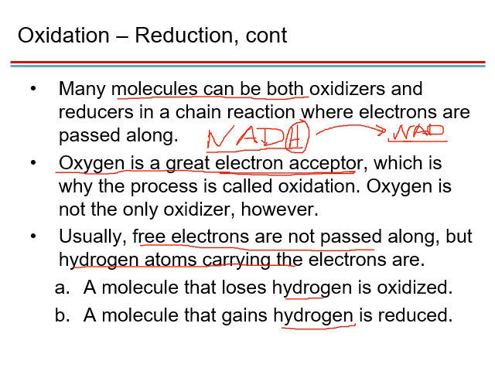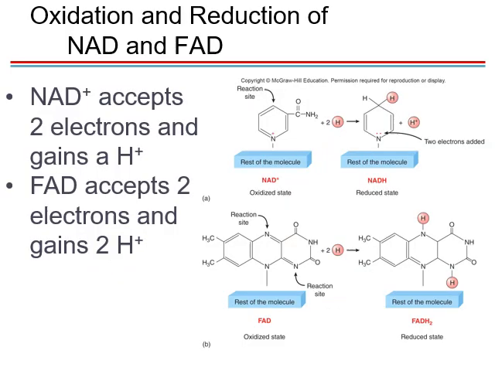A molecule that loses hydrogen is oxidized. So you can see NAD loses its hydrogen, a little positive there, and it has also given off its electrons, going from reduced to oxidized.